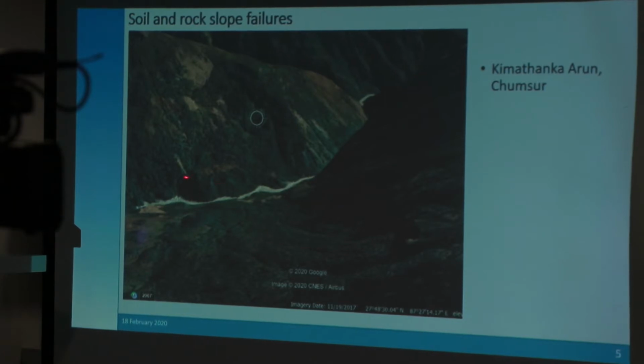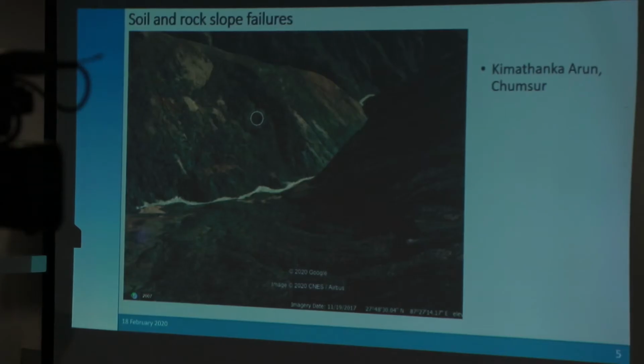The same thing happened here, but we don't know the date. At that time, 11 people died, and there were lots of animal losses. The dam started to overflow after 3 days, but the dam remained for almost 20 years.